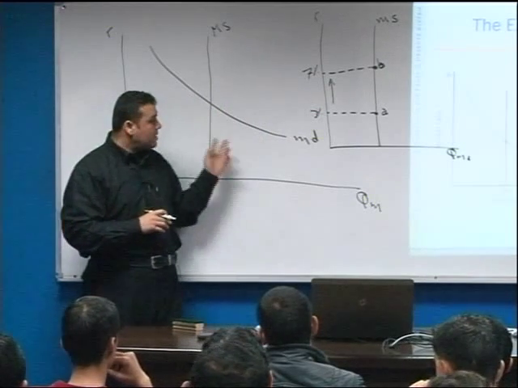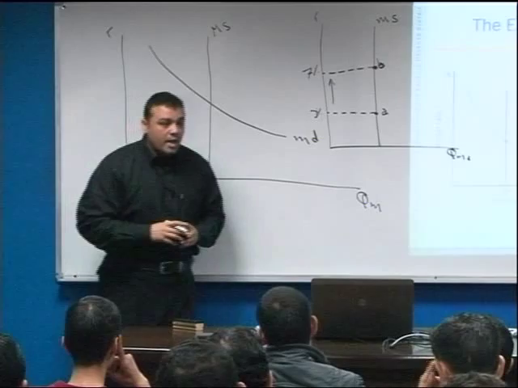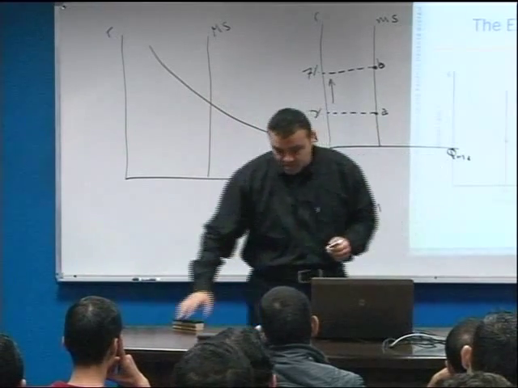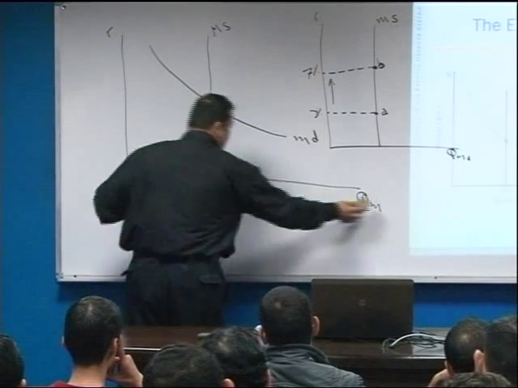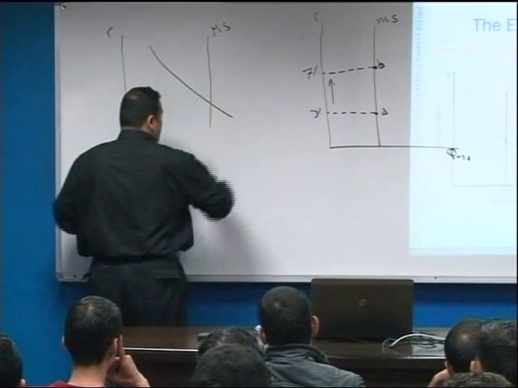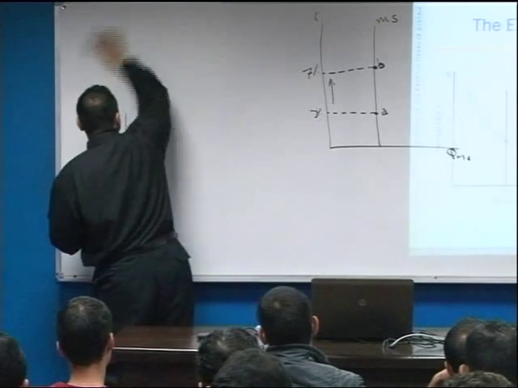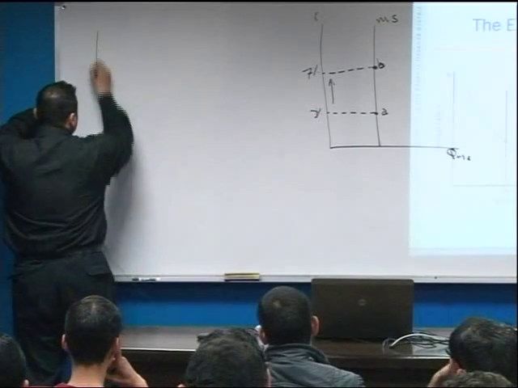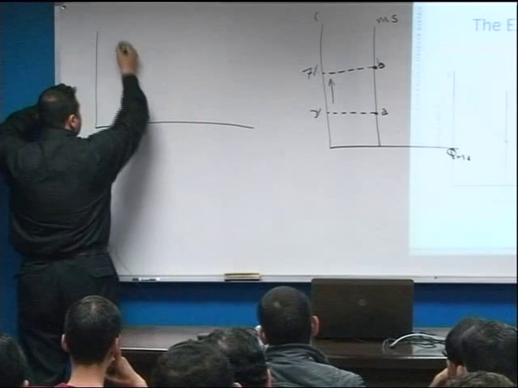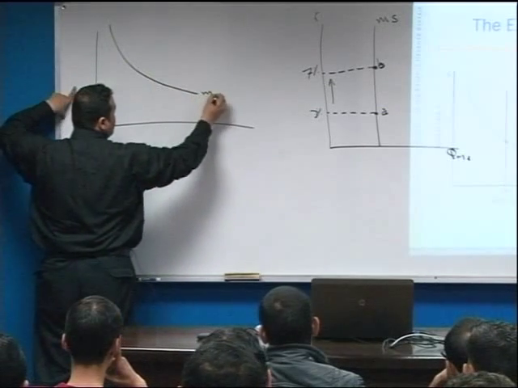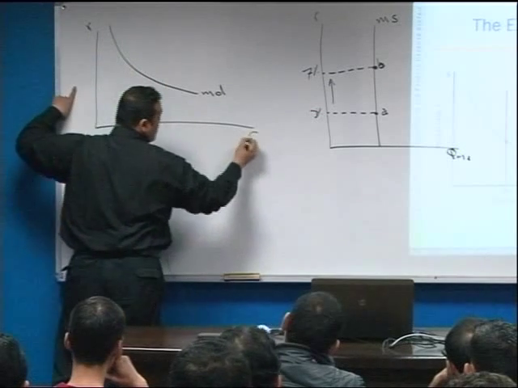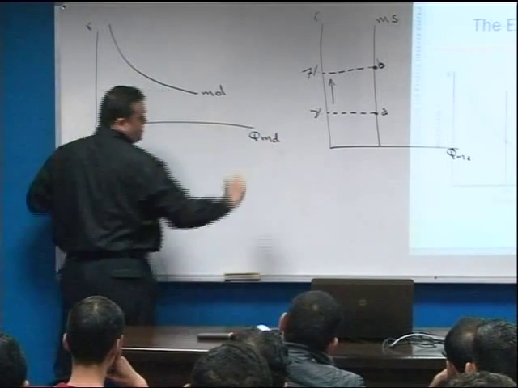But what about the interest rate and the quantity of money demanded? Let's come back to analyze the relationship between the interest rate and money demand. This is the money demand curve. R is the interest rate, and this is the quantity of money demanded.